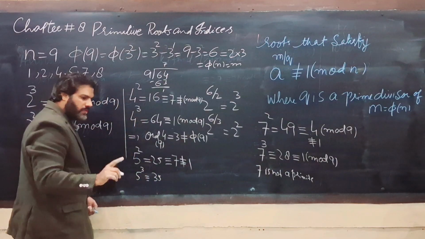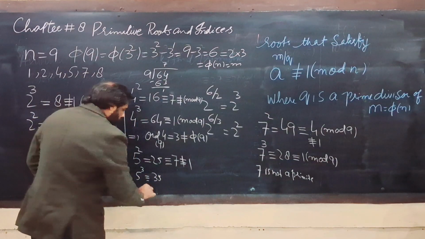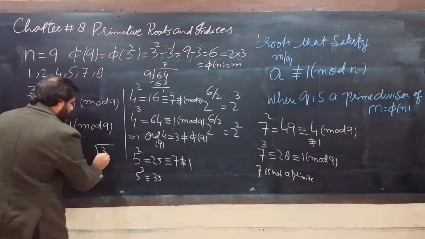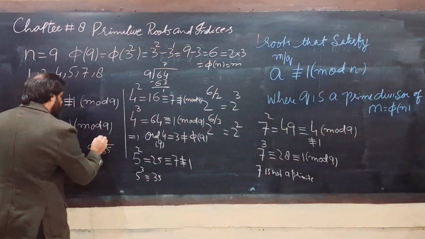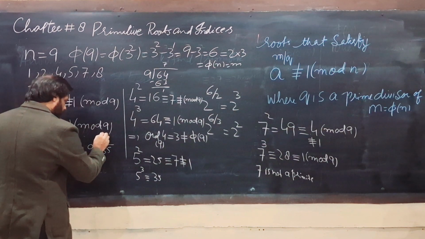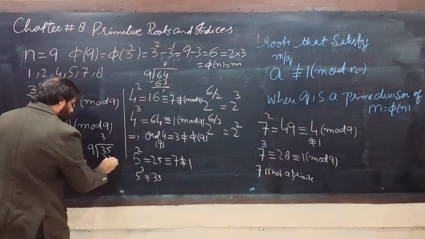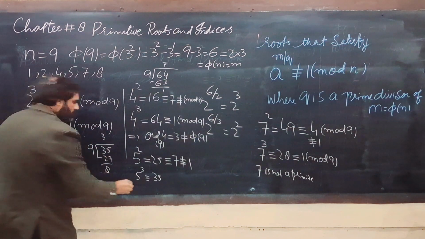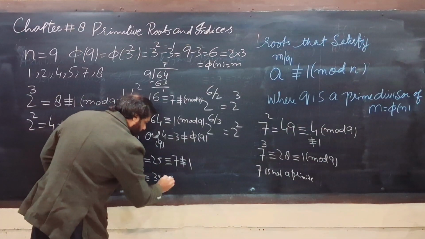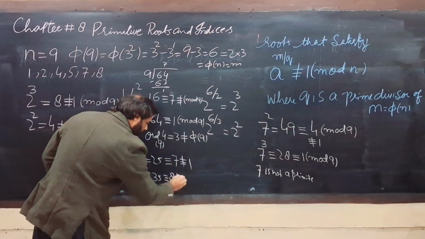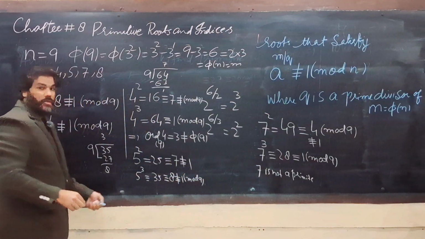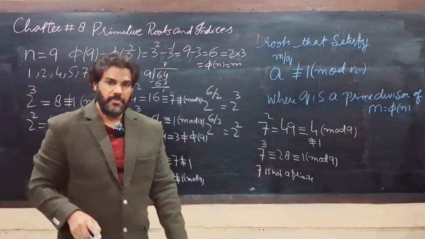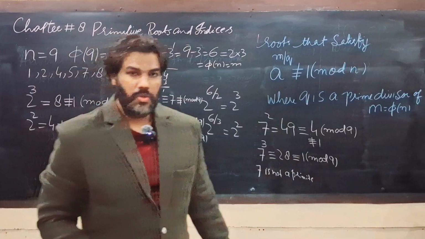When you divide 35 by 9, 9 fours are 36 and 9 threes are 27, so the remainder is 8. That is not congruent to 1 modulo 9. This shows that 5 is another primitive root of 9.